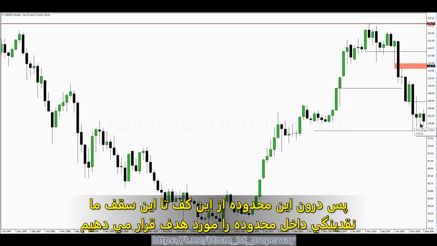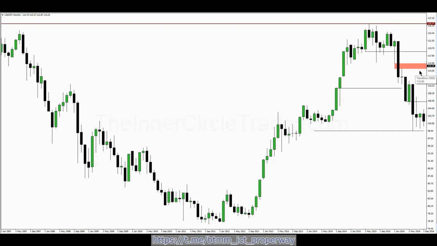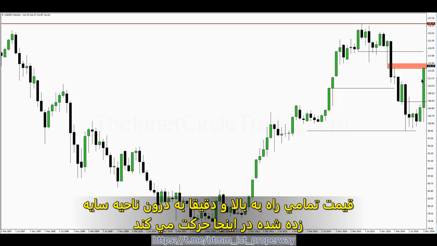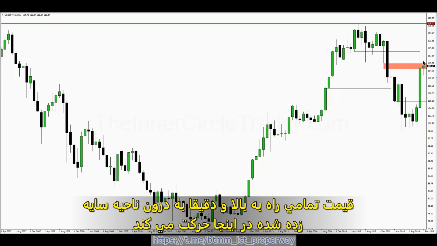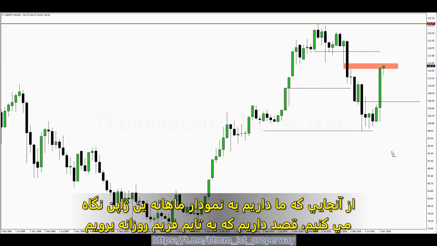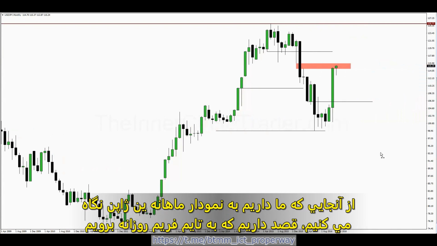Okay, so inside this range from this low to this high, we would be aiming for internal range liquidity. Price trades all the way up, right into the shaded area, right there.